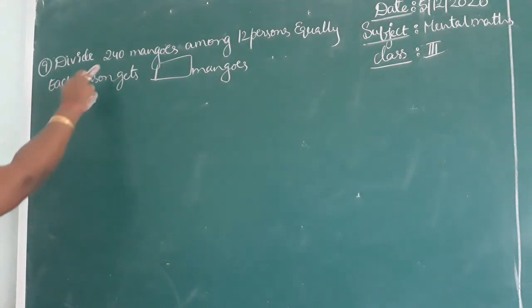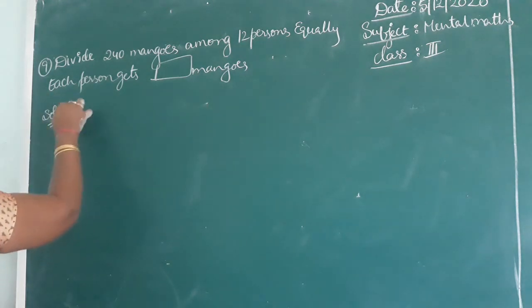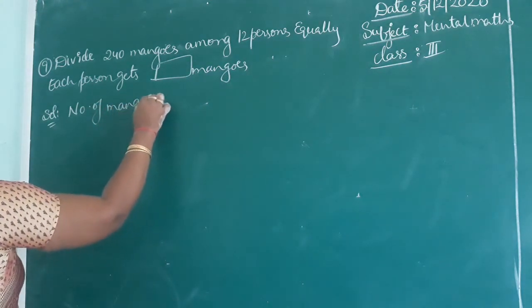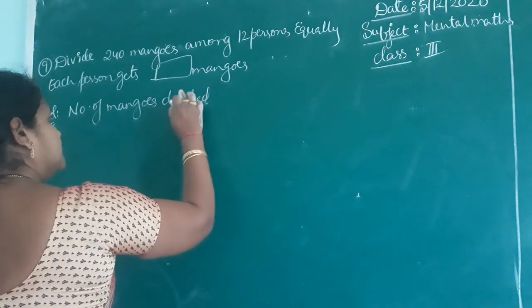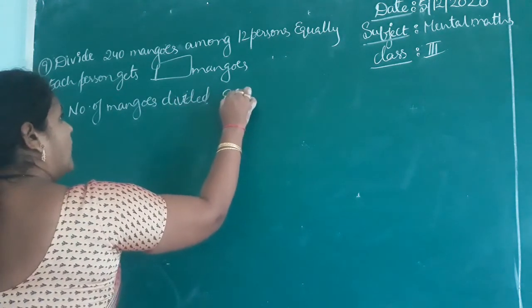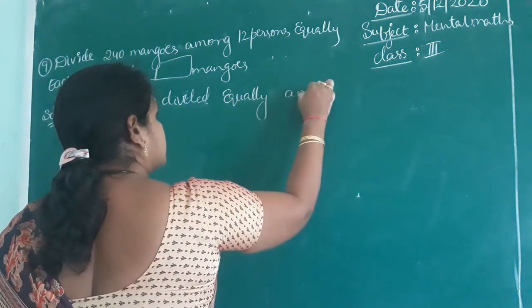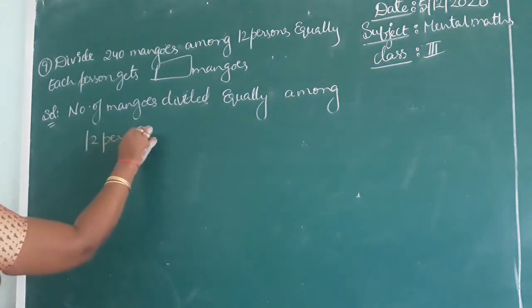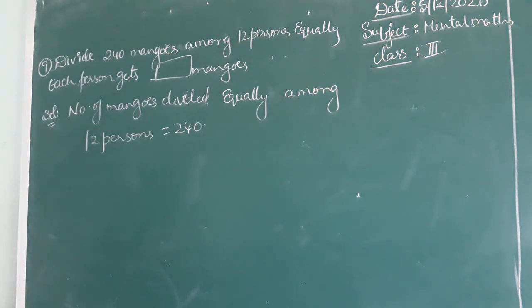So total number of mangoes is 240, number of persons is 12. Those are all totally 240 mangoes divided equally among 12 persons.